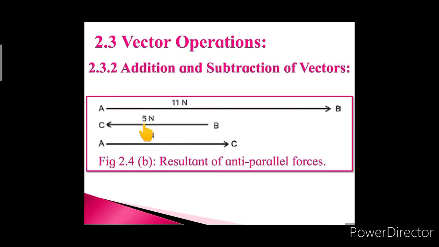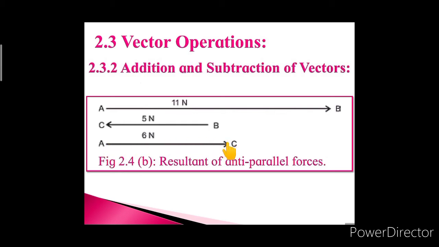So for the addition of these two anti-parallel vectors, the resultant vector will be written as AC, and its direction is that of the larger vector. As the larger vector of 11 Newton is directed from left to right, the resultant vector is also directed from left to right.